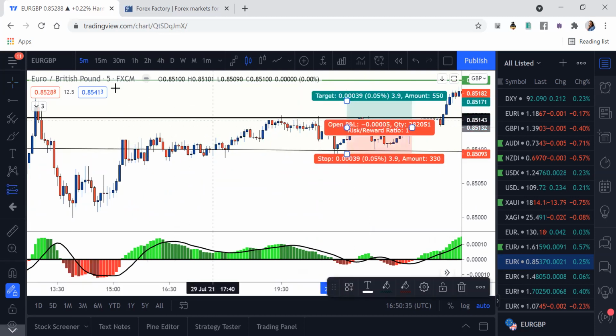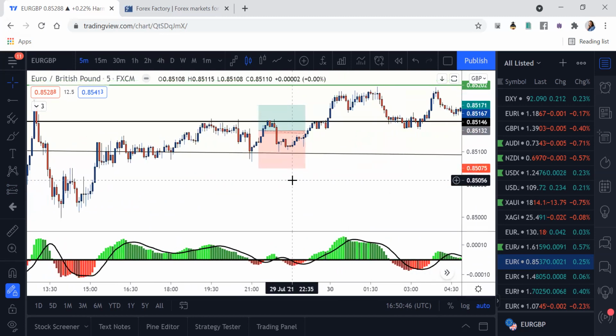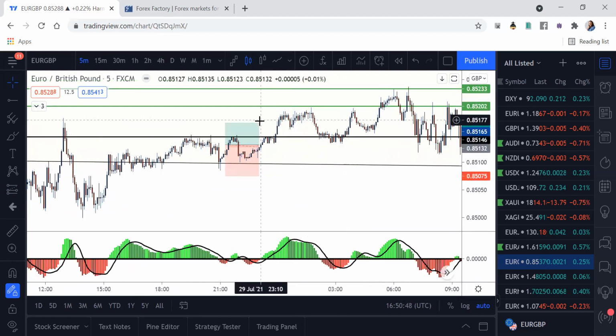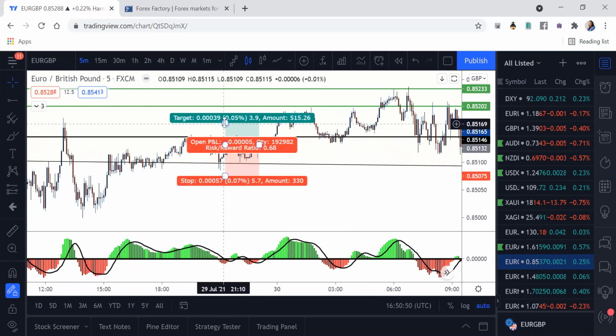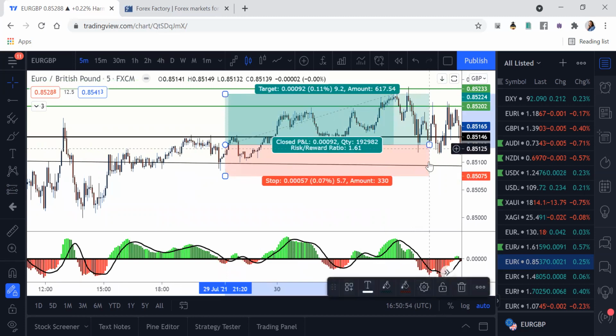So you go in here. Set your stop loss below the last low. Give yourself a little room on it. And then let the trade take off from there.